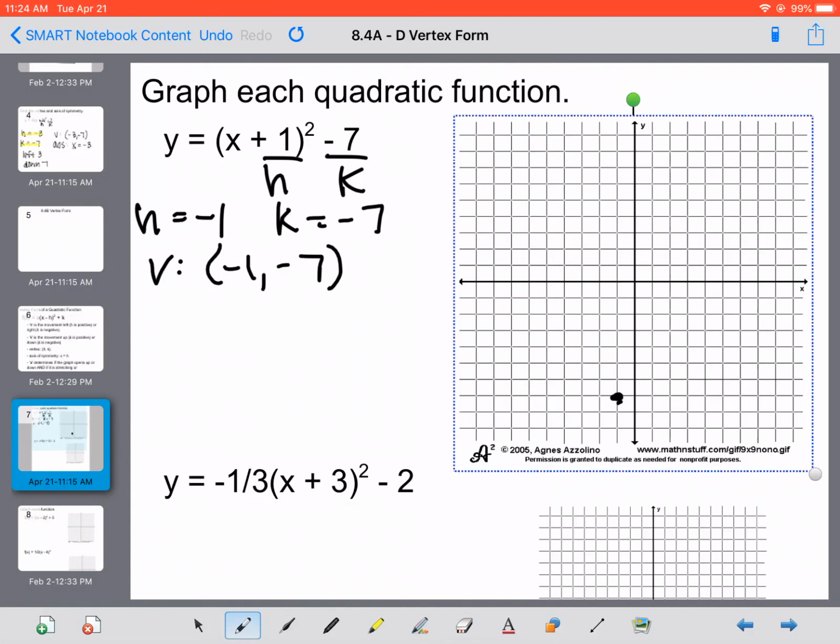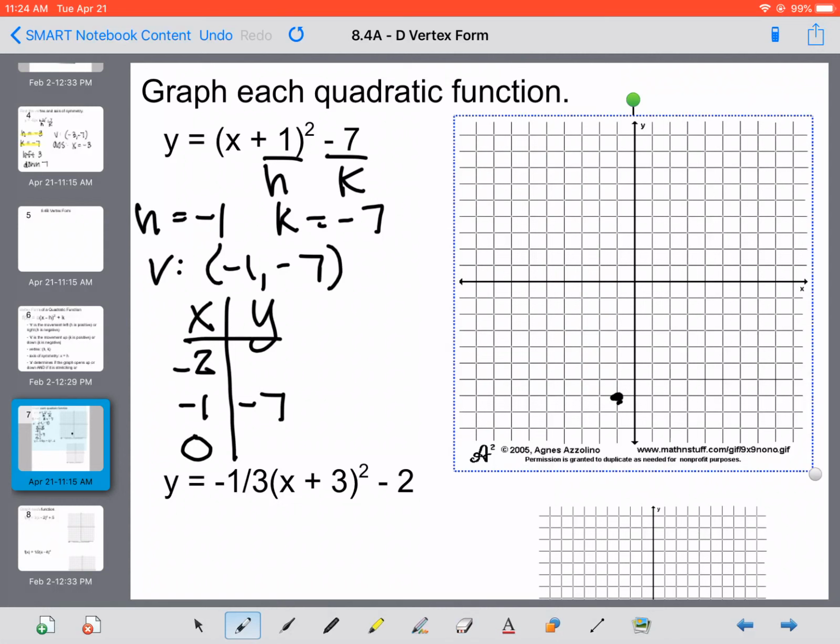So now to get the other points on the graph, let's make a table of values. And let's put our vertex in the middle. So my vertex I find was -1, -7. And let's pick x values that are 1 less than our vertex x and 1 more than. So 1 less than -1 is -2 and 1 more than is 0.